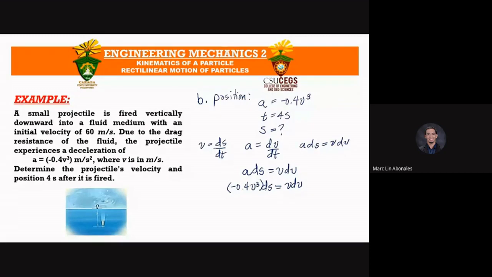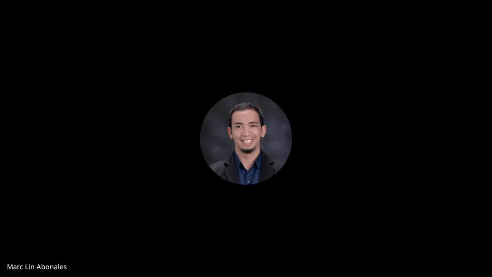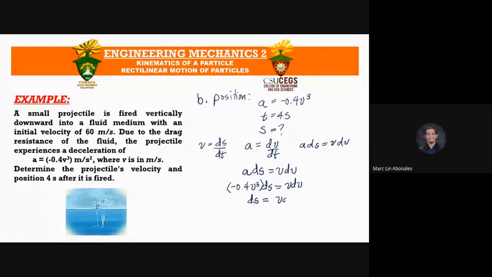Two variables remain here, and you just rearrange the equation. So that would be ds is equal to V dV over negative 0.4 V cube. I divided it by negative 0.4 V cube.